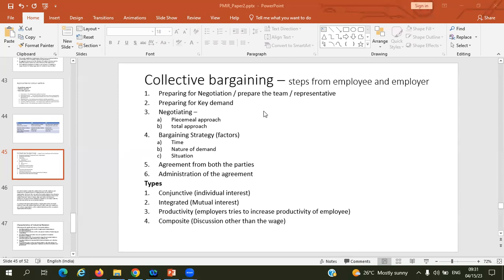After that, I told you there are a few things we'll discuss in trade union: what is a trade union, what are the objectives of a trade union, what are the functions of a trade union. Those things we already discussed earlier.